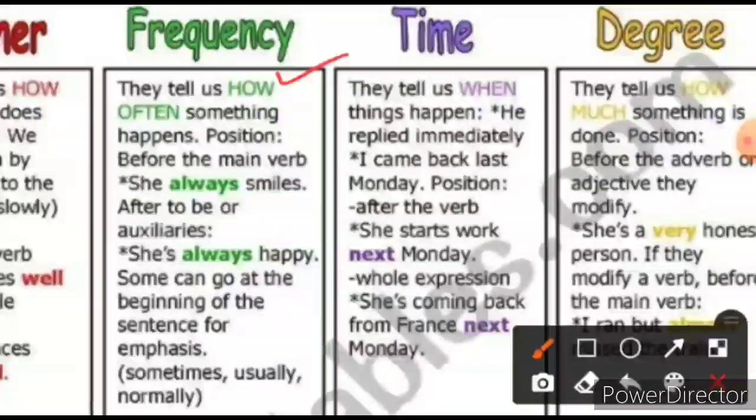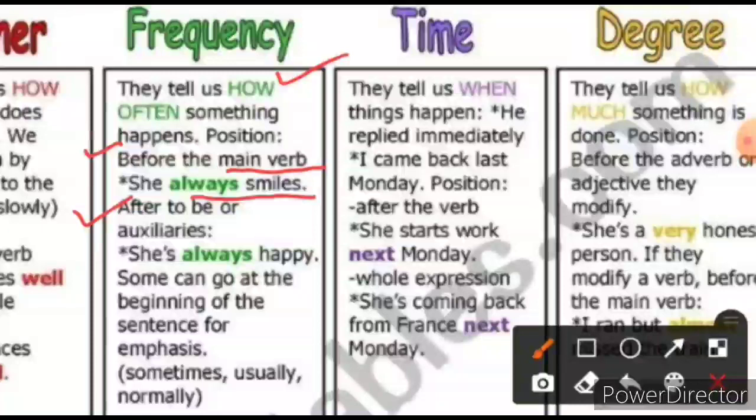Now the position, mind it, this is a very important point. The adverb of frequency comes before the main verb. She always smiles. Okay, so if there is a main verb, it will come before it. And the next very important point is that it comes after to be or auxiliaries.